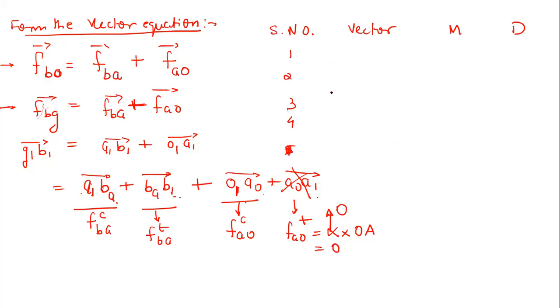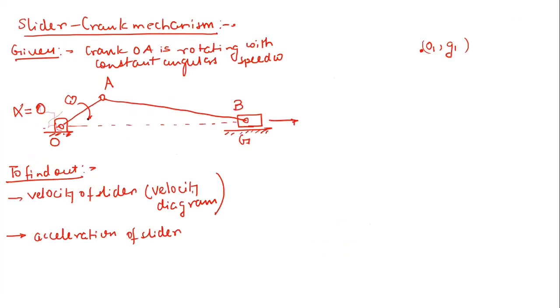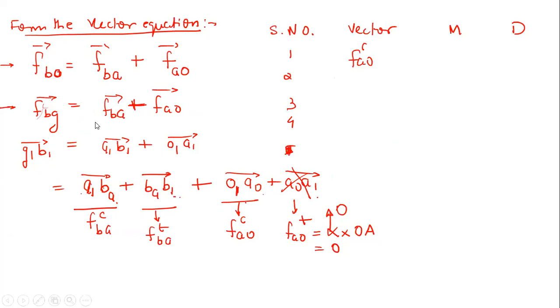So now let us write down these vectors. First will be this FAOC. Why? Because I have taken the vector which is completely known in magnitude and direction. We will start with that vector first. So this is now the O1 AO vector. Then the next vector is the centripetal one, BA centripetal, so the A1 BA vector.